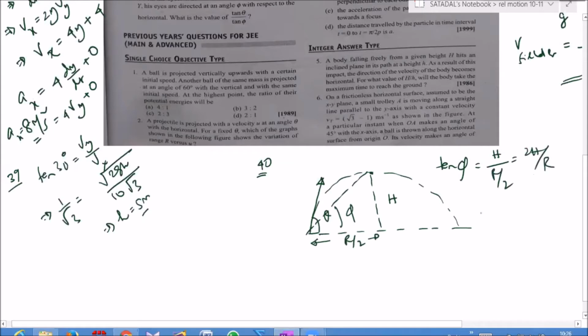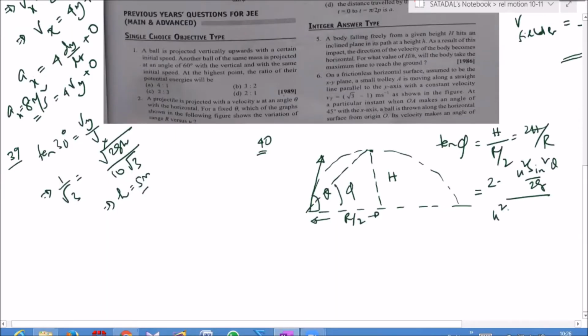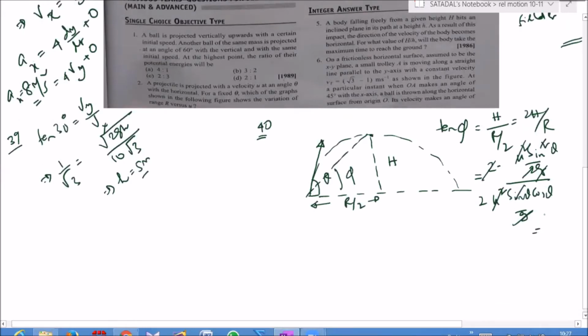That becomes 2h by r. So substitute h as u square sine square theta divided by 2g, divided by r, what is the value of r? 2u square sine theta cos theta by g. g cancels, 2 cancels, u square cancels, one sine theta cancels. So it is coming to be tan theta by 2.